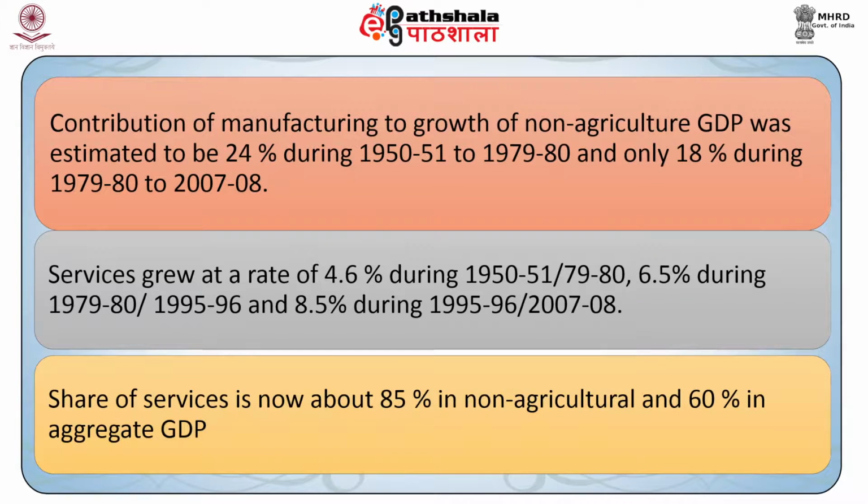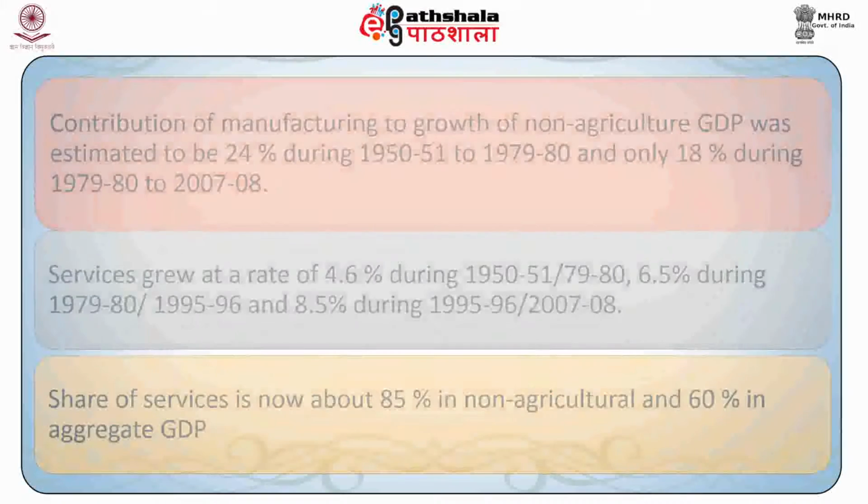Contribution of services to the growth of non-agriculture GDP was 78% during 1979-80 to 2007-8 as compared to 69% in 1950-51 to 1979-80. As a result, share of services is now about 85% in non-agriculture and 60% in aggregate GDP.